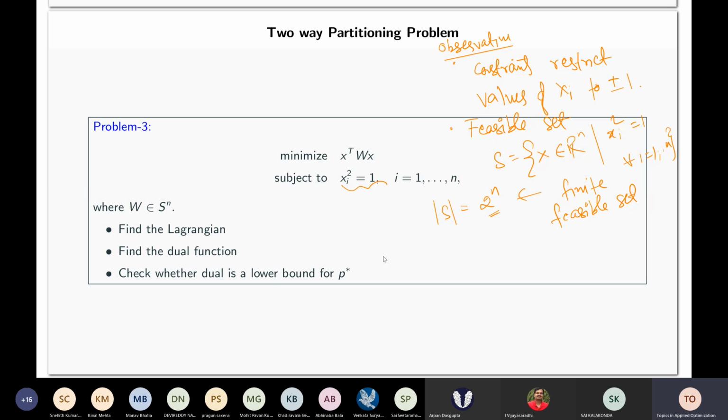But if this is a finite feasible set, why don't I just substitute these values one by one and find the answer? Since the cardinality is finite, we can test x transpose Wx for all x. Well, it is finite but exponentially growing.